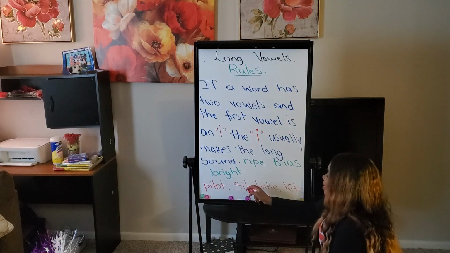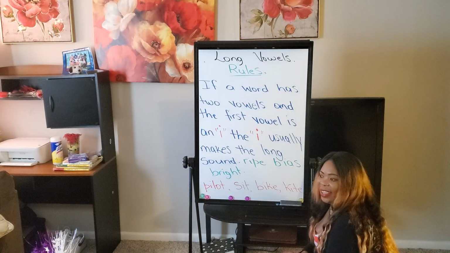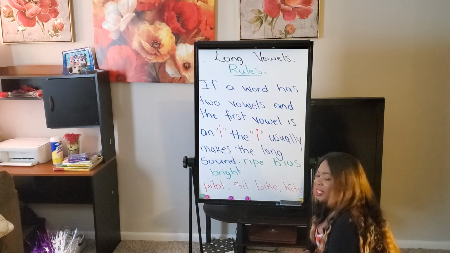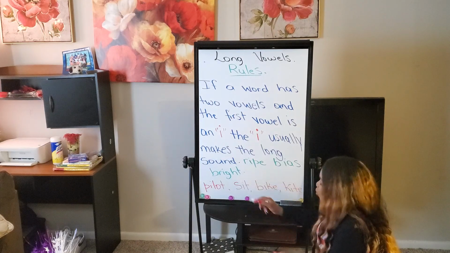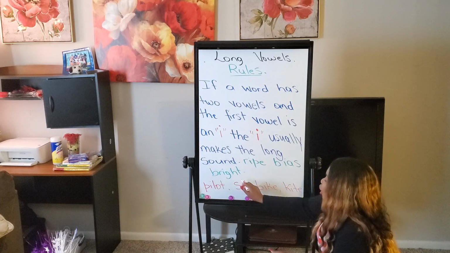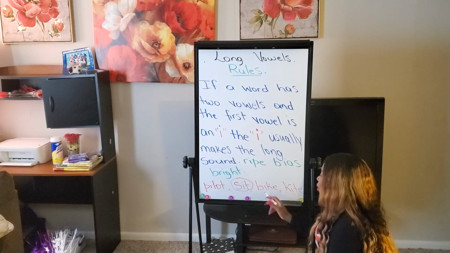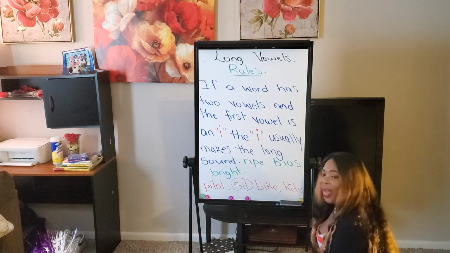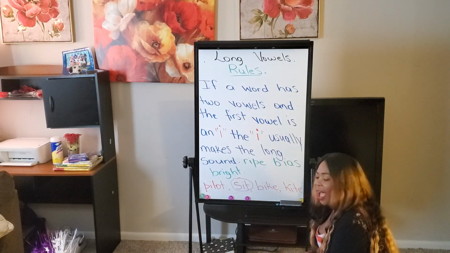Then we have sit. So definitely you hear that this is a short vowel sound. So this one here, we don't even have to go any further, right? This one here would be an exception. But look at this one. Bike. Beautiful. That gives the long vowel I sound.